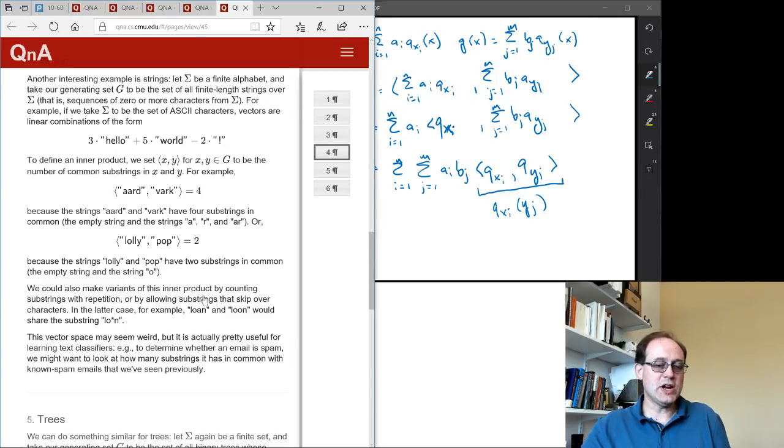We can also make a variant of this by counting substrings with repetition, or by allowing skip substrings, so lone inner product loon would share the substring lo blank n.